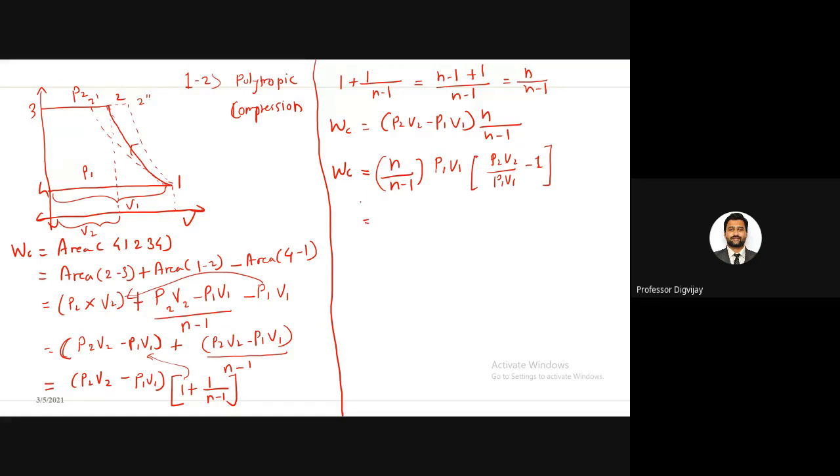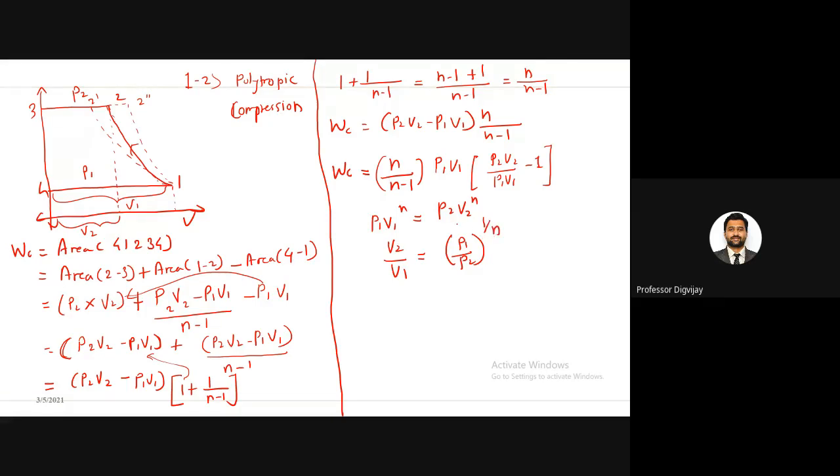Now for a polytropic compression, so first we study the polytropic compression, then we'll study the isothermal compression. In case of polytropic compression, P1 V1 raised to n is equal to P2 V2 raised to n, right? So simply I can again rearrange this as V2 divided by V1 is equal to P1 divided by P2 raised to 1 by n power.